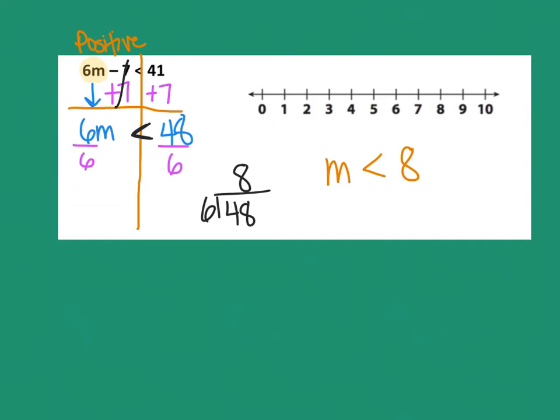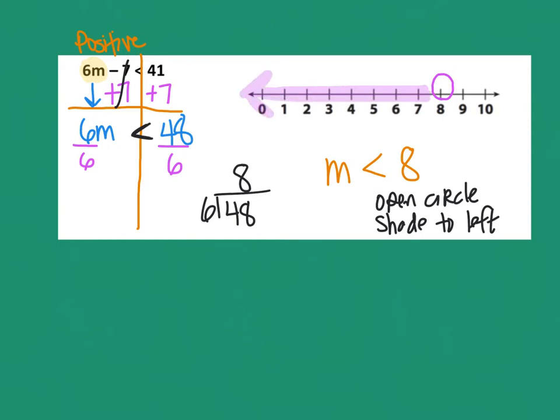I'm going to do an open circle on 8, and then I'm going to shade to the left, because that's a less than. So open circle on 8, shade everything to the left, and then put an arrow at the end.